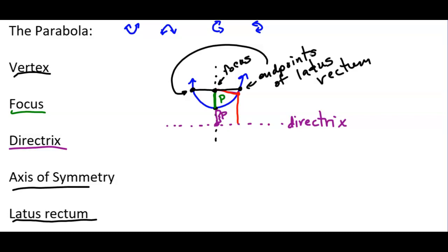Okay, so let's go ahead and do an example here. Oh, I said I'd talk more about those different ways the parabola can go. So let me get a new page. Let's say we have a parabola like this.